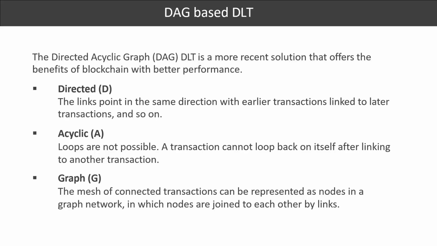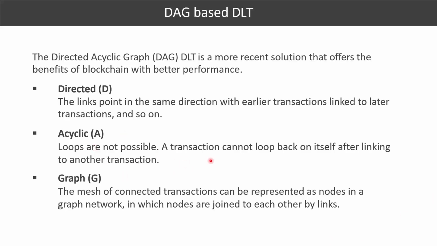With this architecture, directed means we're using linking, so the links all point in the same direction, with earlier transactions linked to later transactions and so on. So there you have the example of transactions linking to one another, so you have the immutability of the blockchain.